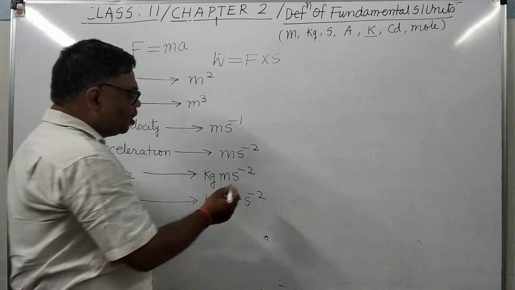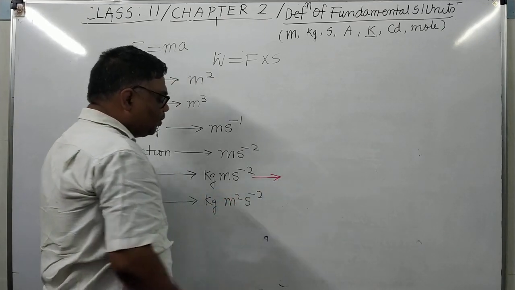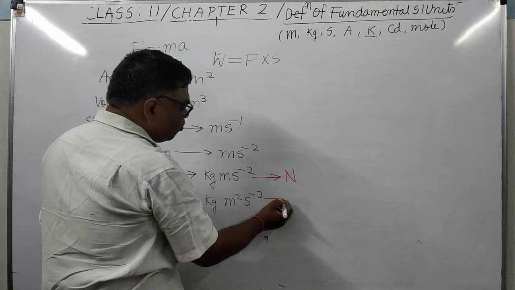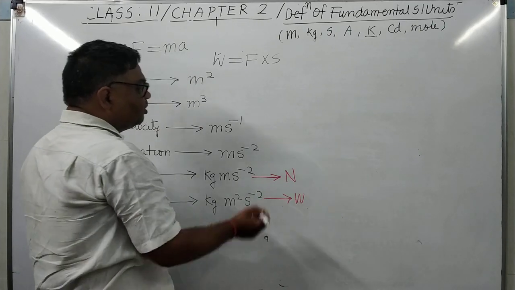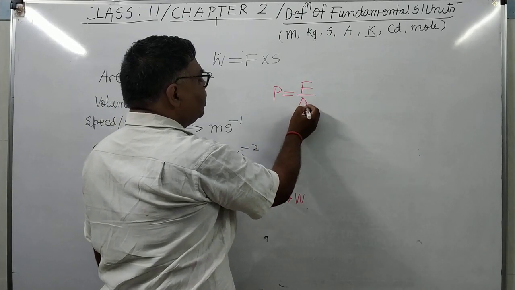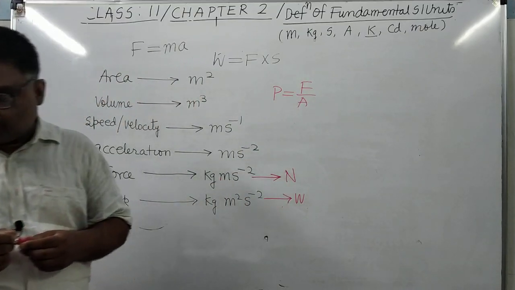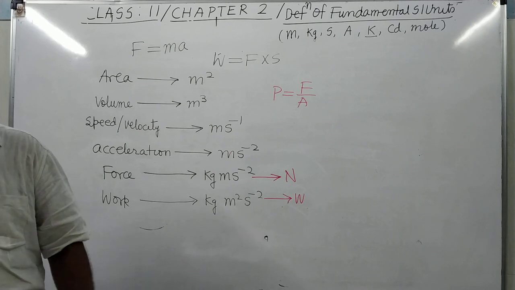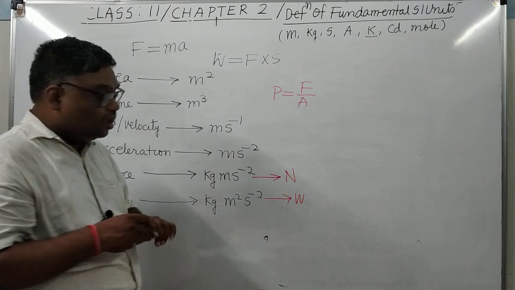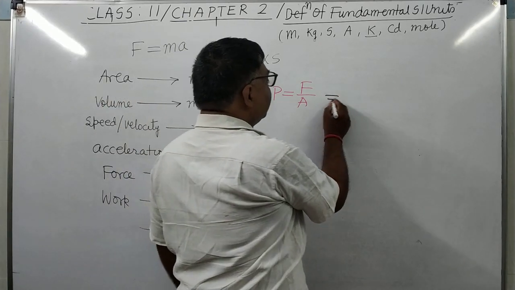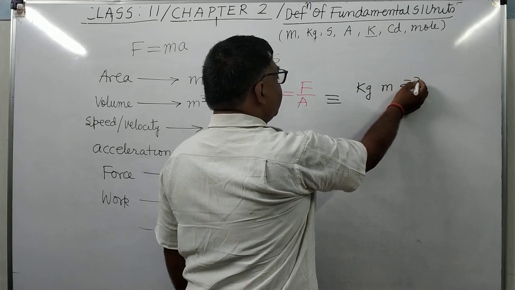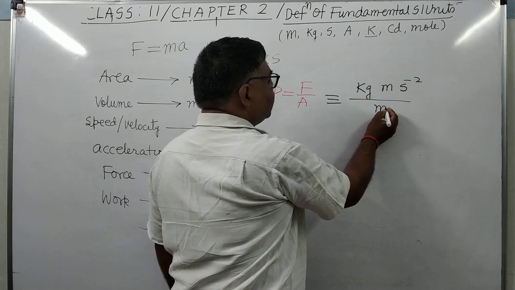But they also have some separate units. For example, in some cases there are separate units: Newton for force, Watt for power. Similarly, pressure. Pressure equals force upon area. The unit of force is kilogram meter per second square, divided by area, meaning meter square.